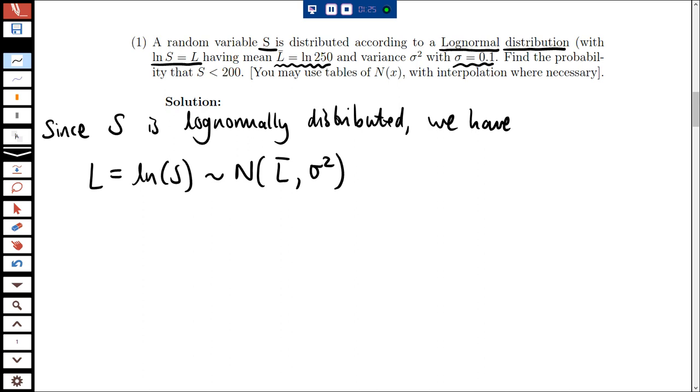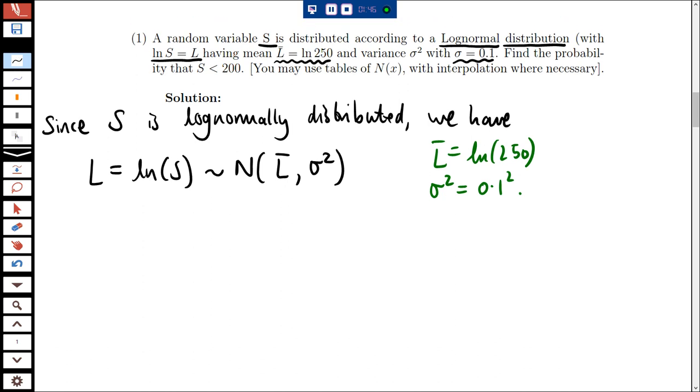And we're given these numbers. L bar is log of L bar, the average or the mean value of L, and sigma squared is 0.1 squared.